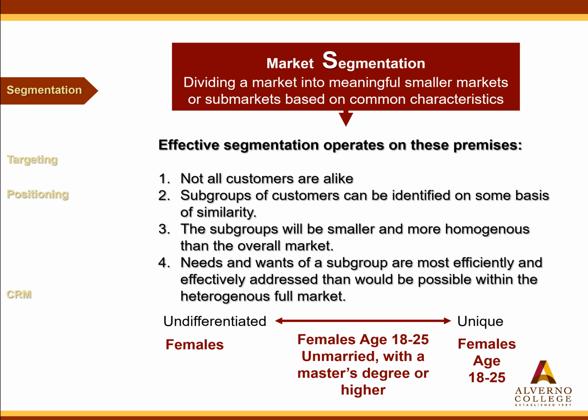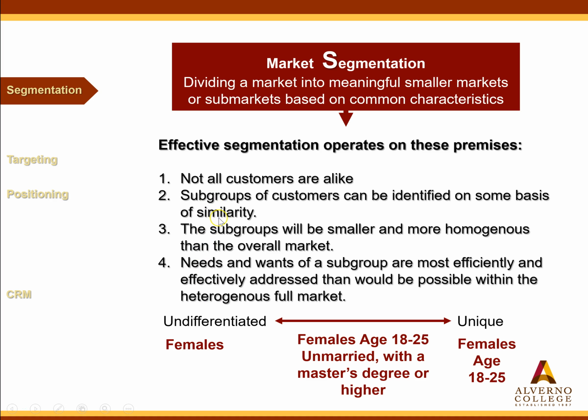So there are some key things to remember to effectively break markets into segments and then ultimately targets. Number one, not all customers are alike. Every customer has different needs, wants, lifestyles, purchasing power, a variety of characteristics that you need to take into consideration when you are creating marketing strategy.